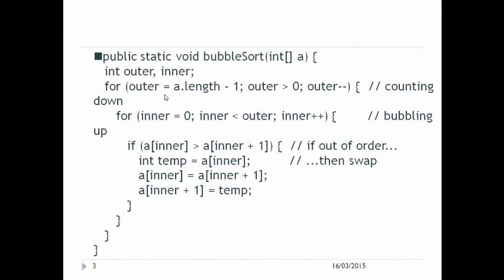So each time the outer loop is executed, the inner loop is executed n minus 1 times at first, linearly dropping till just 1. So the average will be n divided by 2.